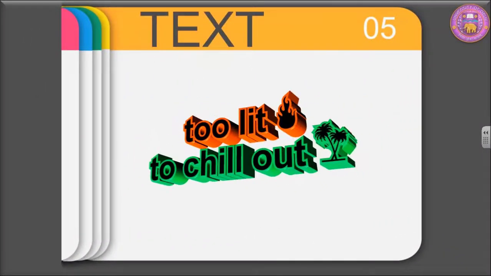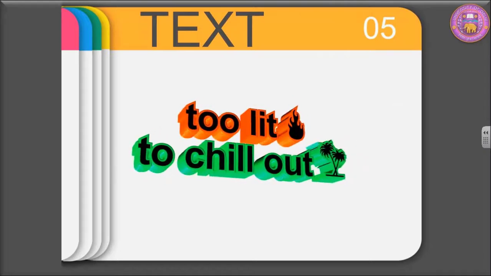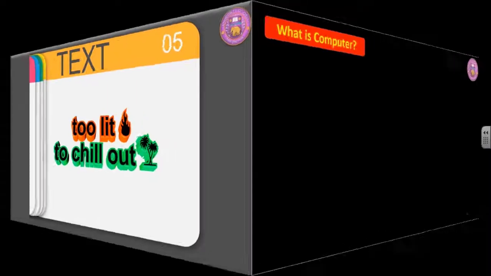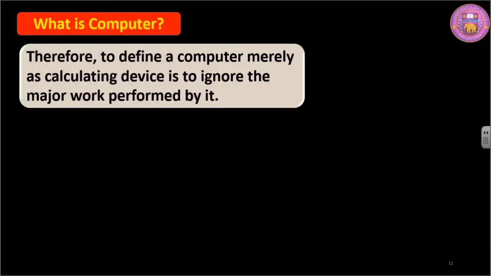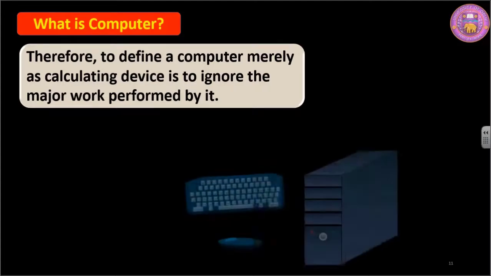And the last one is, of course, that computers can handle textual data. Now, if we define the computer merely as a calculating device, then we shall be ignoring the major work performed by it.